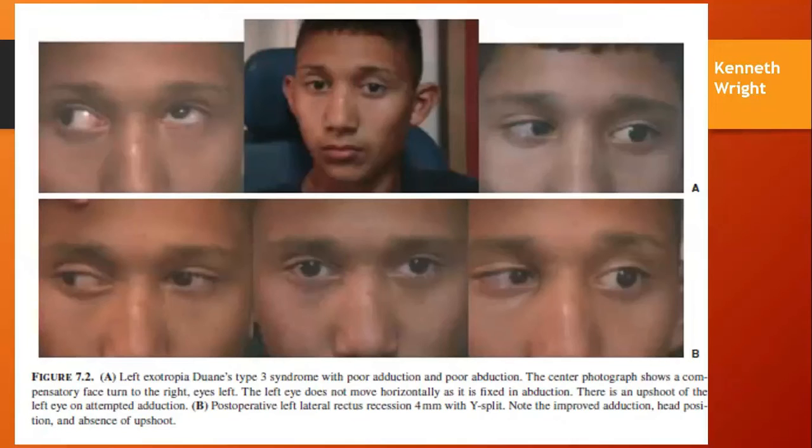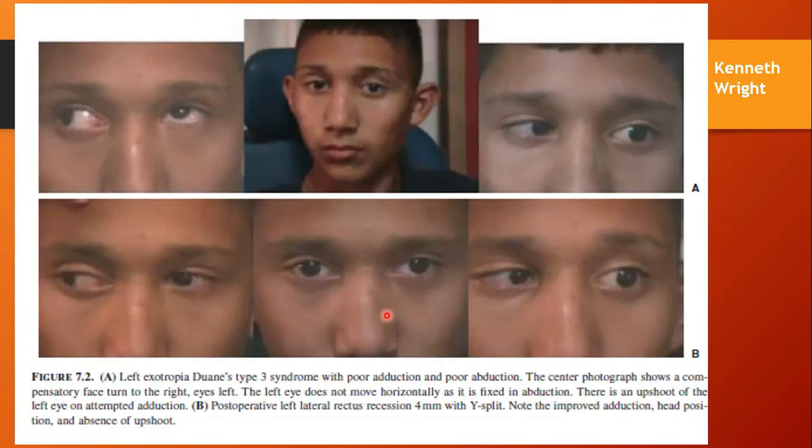Dr. Hassiga, can you comment on this composite photo? Yes. The child has a right face turn, and in primary position there is slight exotropia in the left eye.